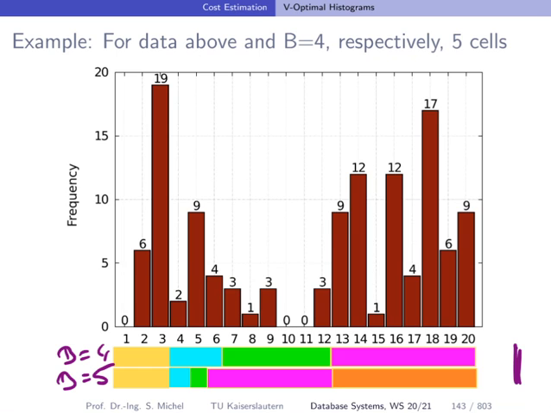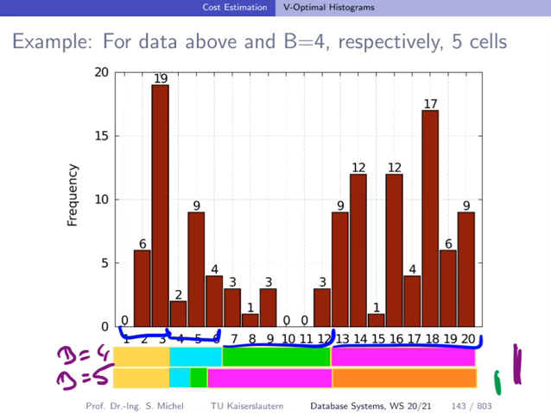So for B is 4, the optimal histogram regarding SSE consists of the first 3 values, the next one, the next 3 values, and then we have a wider range, and then the final bucket. So you see these buckets don't have an equal width. And if we have one more cell, like one more storage space that we want to invest, so B is 5, then you see the solution, the range is here.